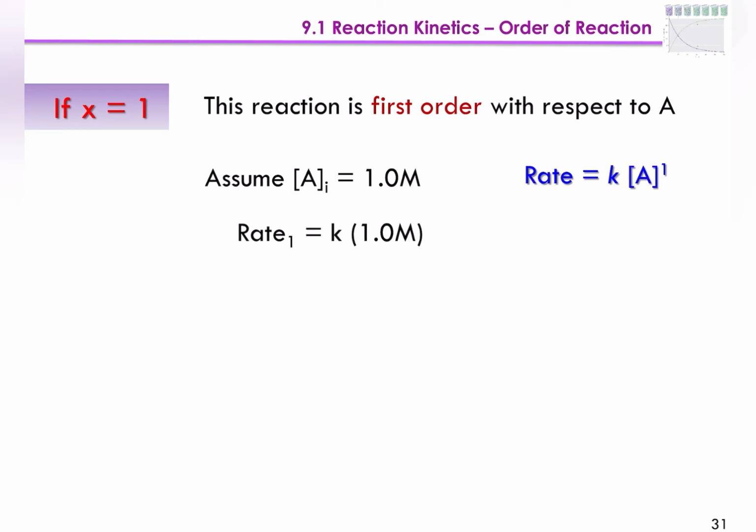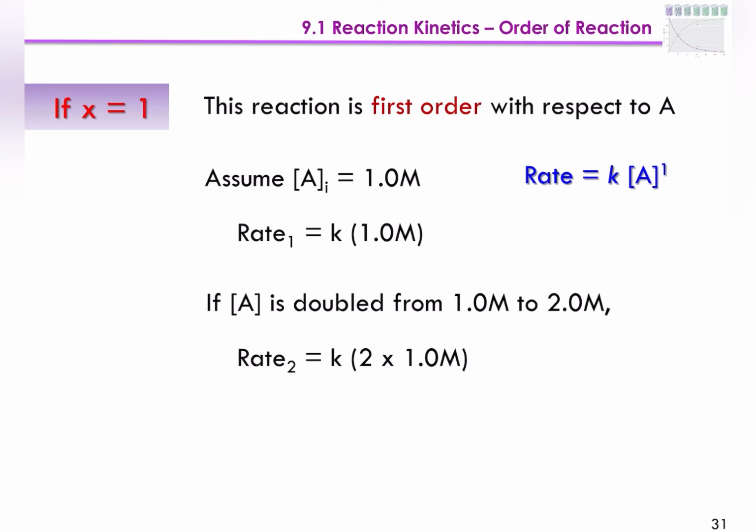And if the concentration of A is doubled from 1.0 molar to 2.0 molar, so my second rate, rate 2, equals K2 times 1.0 because it doubles. So you can see from here, it is going to be 2K times 1.0 molar.